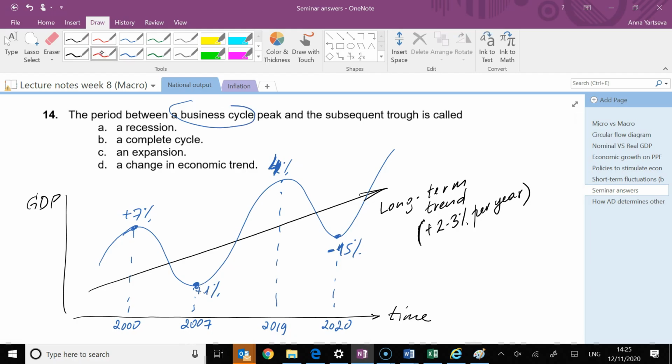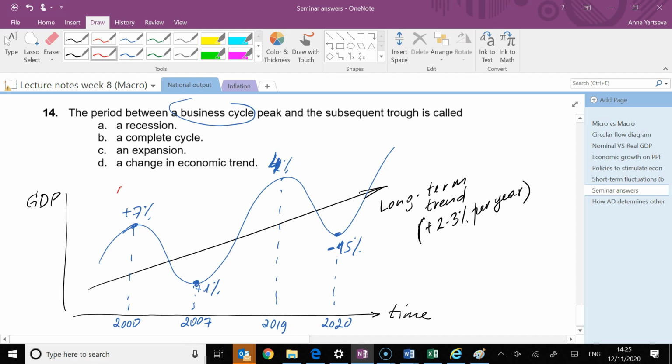There are 4 stages in the business cycle. There is a peak of the business cycle. This is the situation when the economy is booming. There is a bottom of the cycle, which is called trough or depression. The movement from the peak to the bottom, when the economy is declining, when the economy slows down, is called recession or slowdown in economic activity.